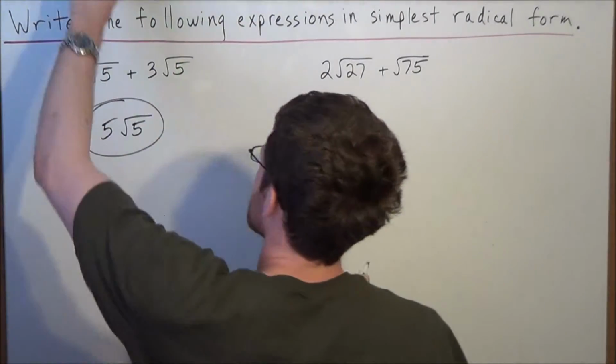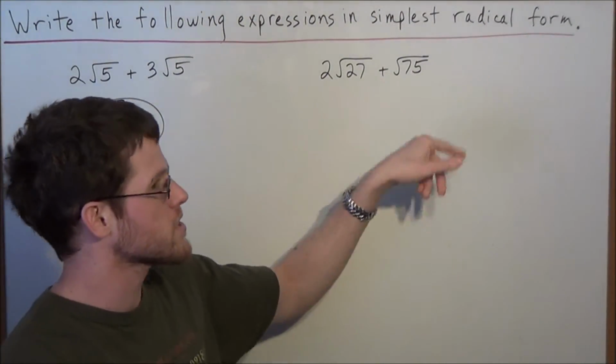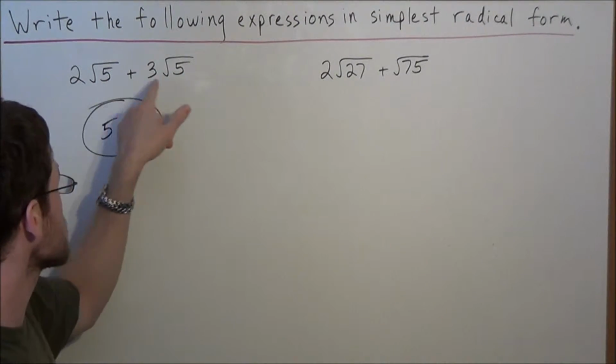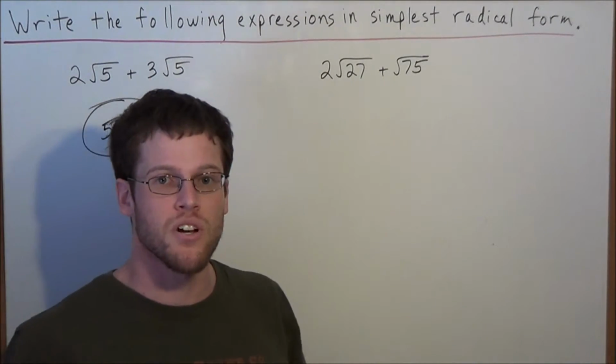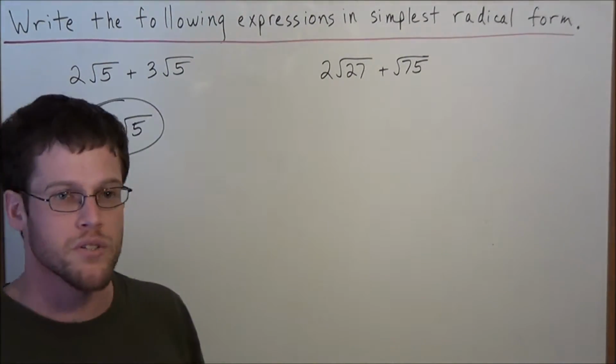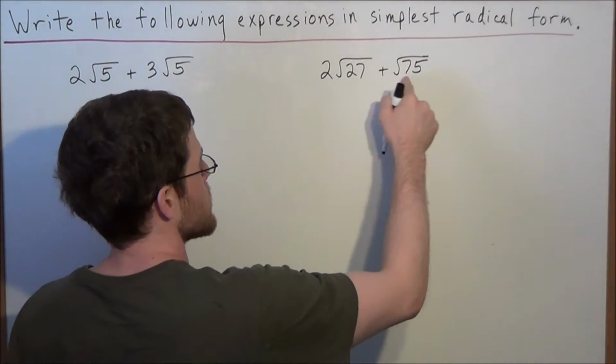But now sometimes these examples do get a little bit more complicated. Notice that the numbers do not match, and as we saw before, we can't add the numbers under the radicals. So what we want to do in these examples is get the numbers under the radicals to match. The way we're going to do that is by focusing on the perfect square factors of 27 and 75.